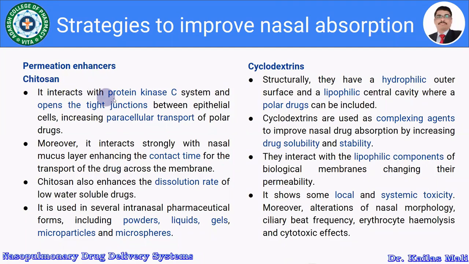It interacts with the protein kinase C system and opens the tight junctions between epithelial cells, increasing the paracellular transport of polar drugs.